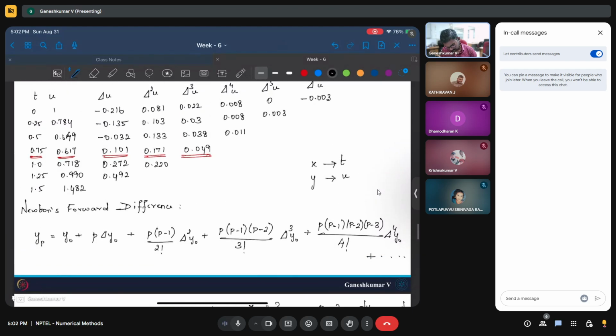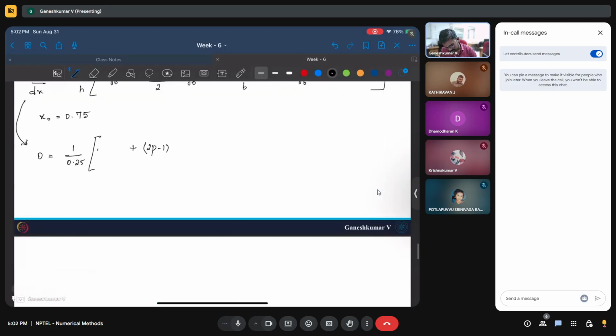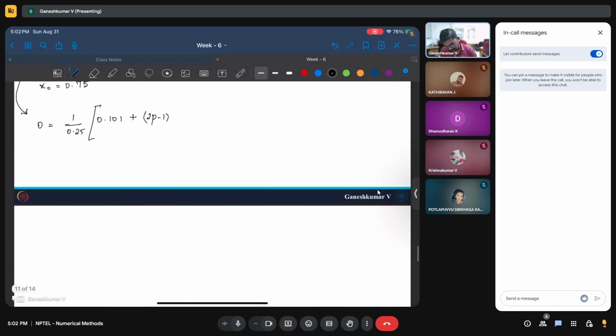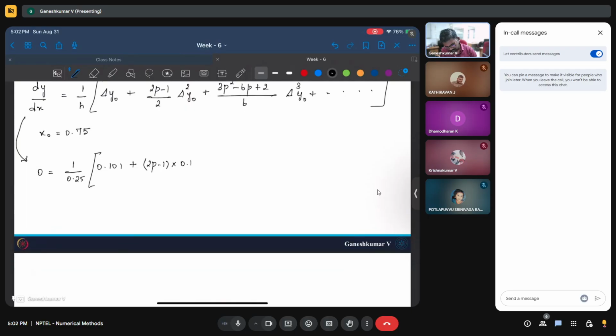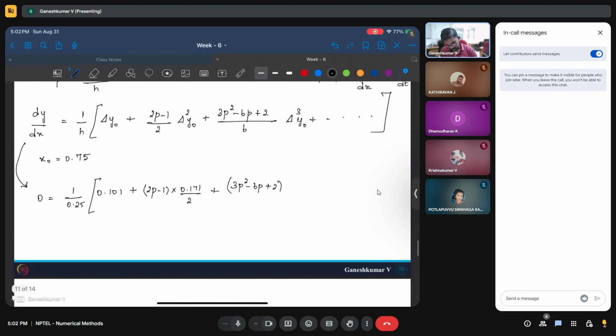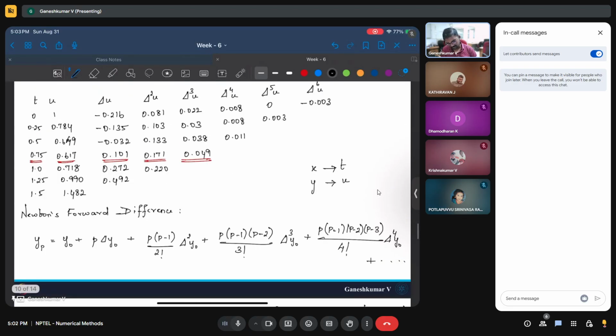Oh, sorry, this is delta y naught, right? So delta y naught is 0.101. Del square y naught is 0.171 divided by 2, plus 3p square minus 6p plus 2 into delta cube y naught, which is 0.049, divided by 6.